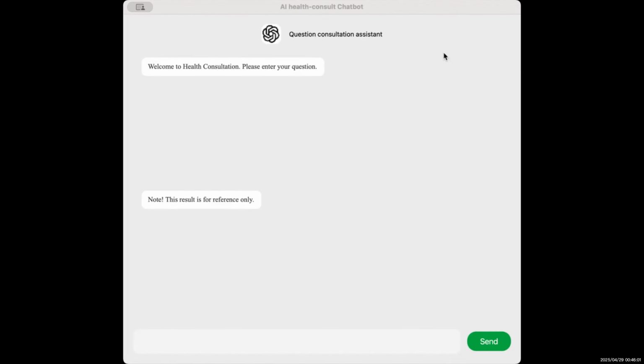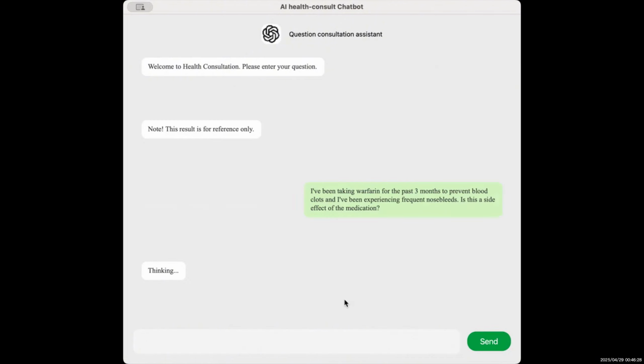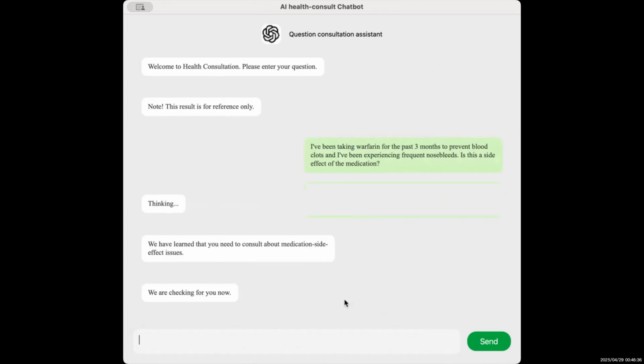All right, next, I will introduce the key functions of our health chatbot. When a user first starts, the chatbot initiates a friendly and personalized greeting, then moves directly into a Q&A session. When the user asks a health-related question, the chatbot processes the input using natural language understanding, identifying keywords, extracting intent, and classifying the question, whether it's about symptoms, medication, and so on.